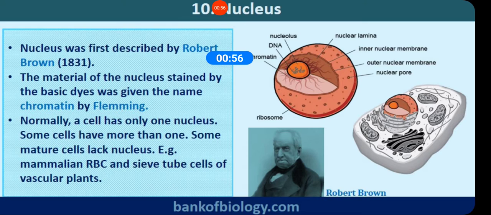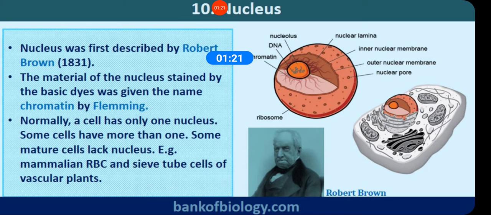Normally, a cell has one nucleus, but some cells may have more than one nucleus, and some mature cells lack a nucleus. Earlier they have a nucleus, but later on the nucleus degenerates. Fine. A very good example of this is mammalian RBCs.